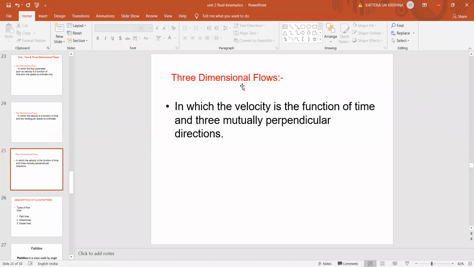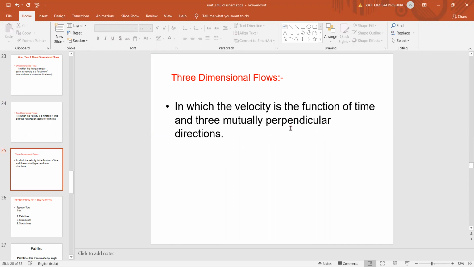Next, three-dimensional flow is that type of flow in which the velocity is a function of time in three mutually perpendicular directions. So we have velocities in three directions. In the x direction, u equals f1 of x comma y comma z.